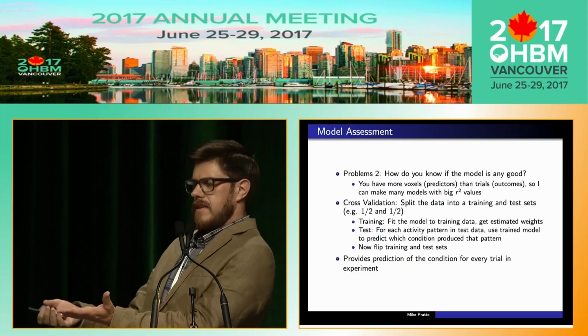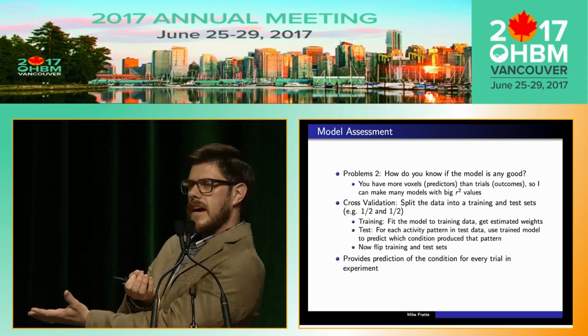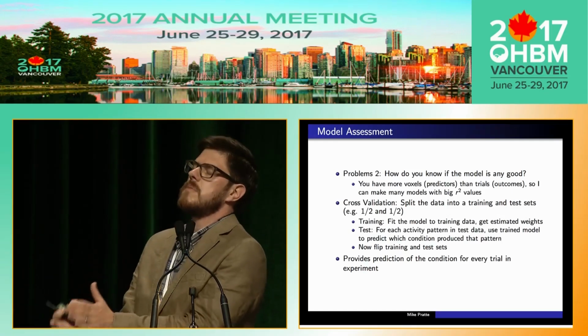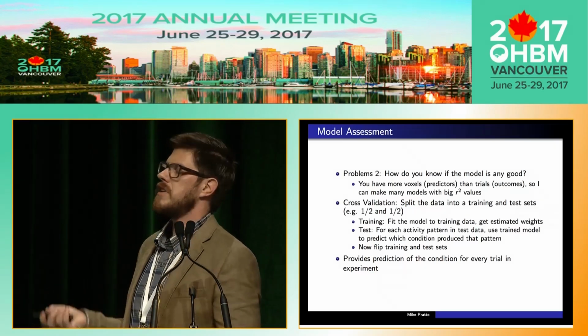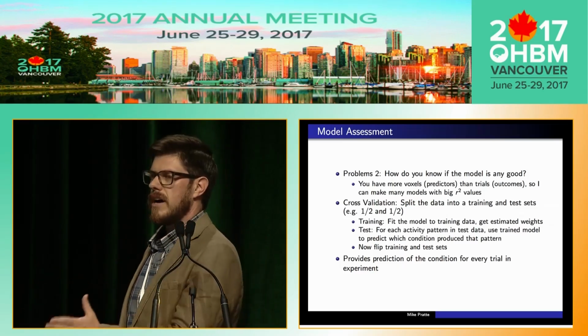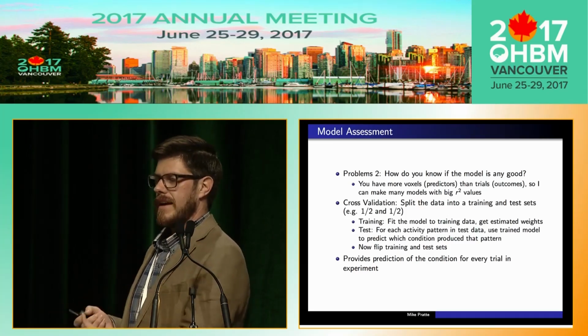So I do that, and then I'm going to flip the training and test sets. Now I'm going to train my model on the second half of my data and use it to try to make predictions about each trial in the first half. So at the end of the day, what I have is a prediction for every trial in my experiment, which stimulus condition led to that activity pattern.